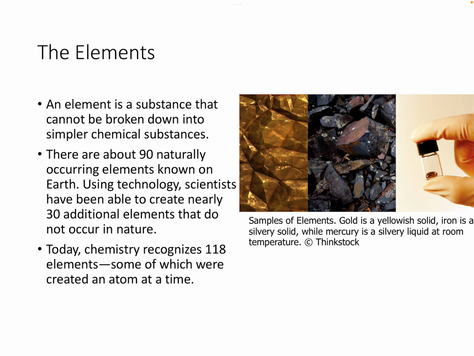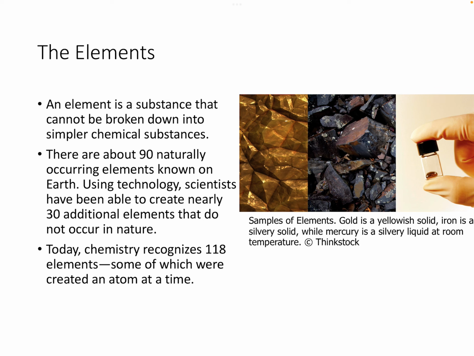It was actually recently that they finished the periodic table. They were able to get all the way up to element 118. Some of the higher numbered elements were created one atom at a time.